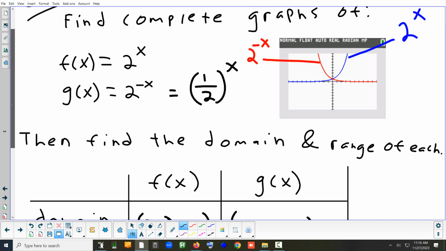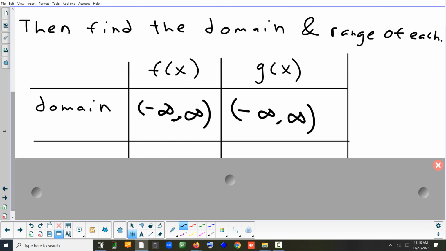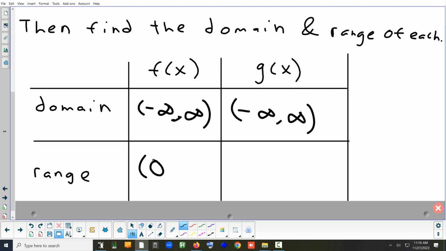There has to be a value it'll never get to, so it'll close to approach 0, but it will never get to 0 in this case. Correct. So does that mean the range is greater than 0 up to infinity? Infinity on both of them. Yep. So the range is greater than 0 to infinity.